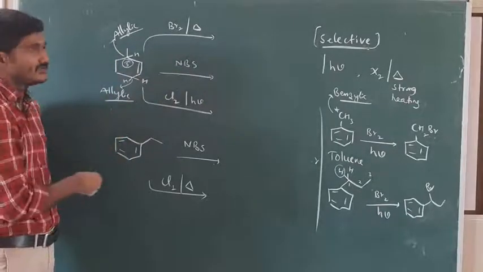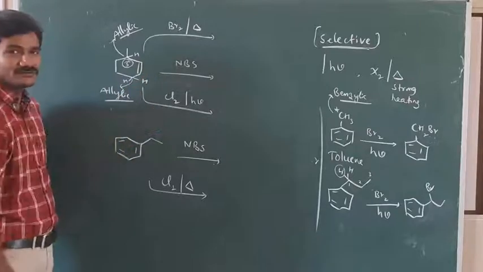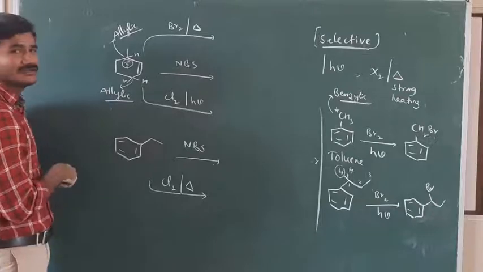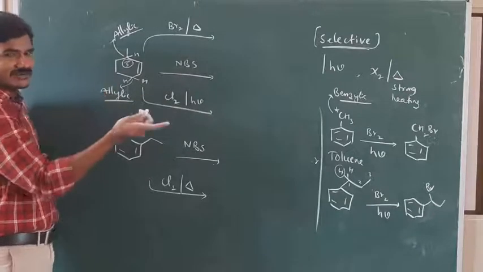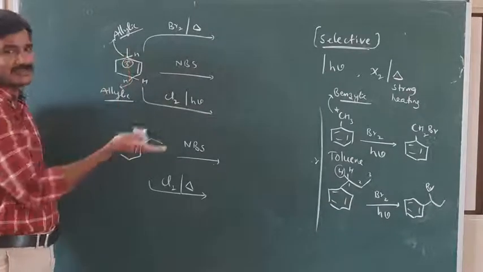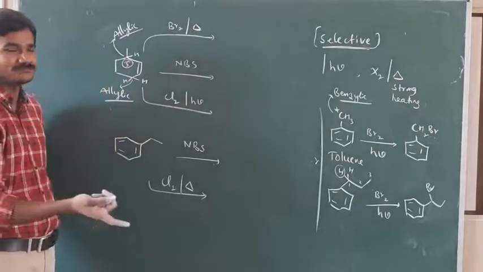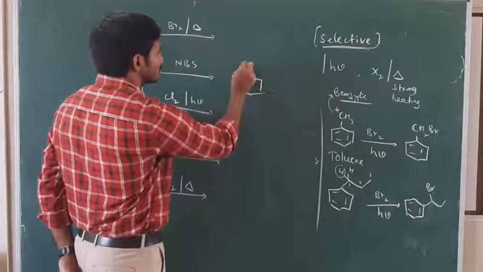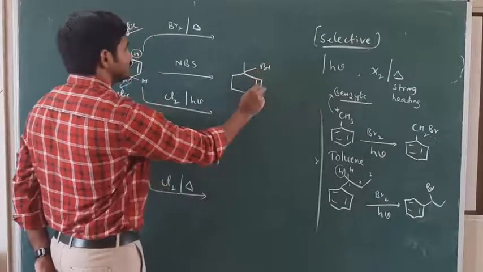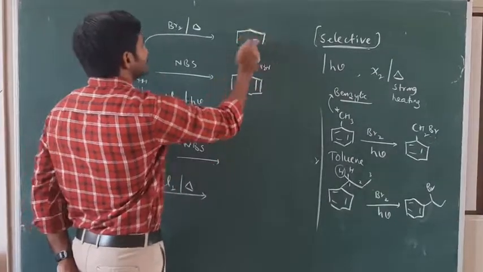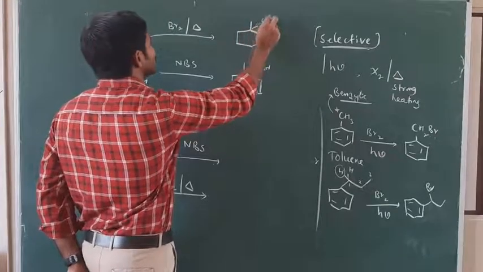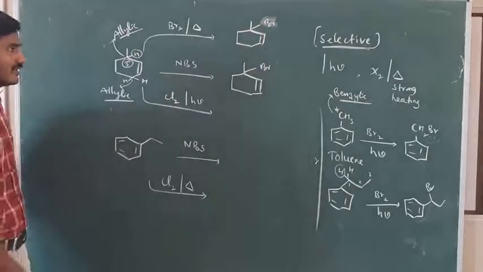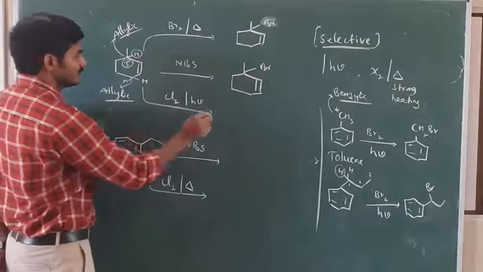NBS means bromine; here bromine, there chlorine. Both are allylic. I told you the order of reactivity: tertiary is more reactive than secondary than primary. So this hydrogen can be substituted with 1 bromine, and this also with bromine. Allylic substitution.